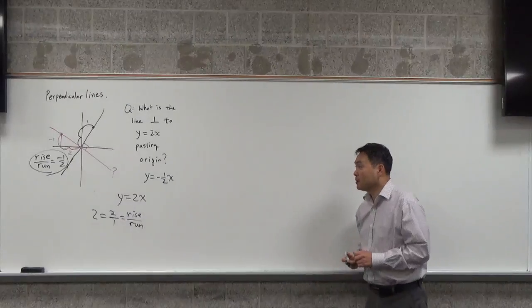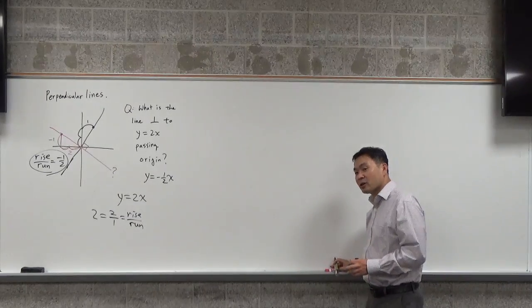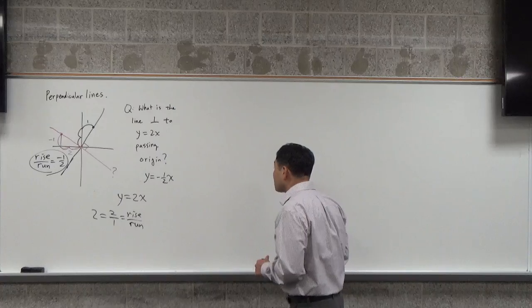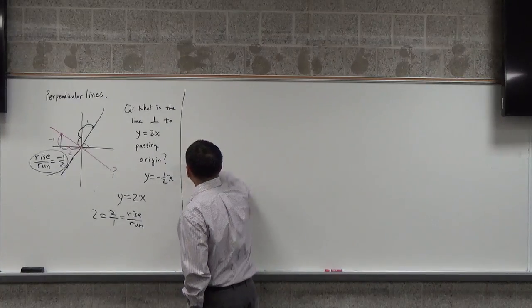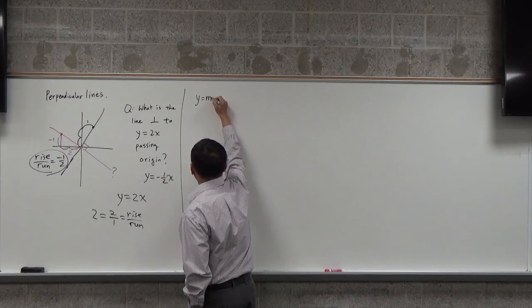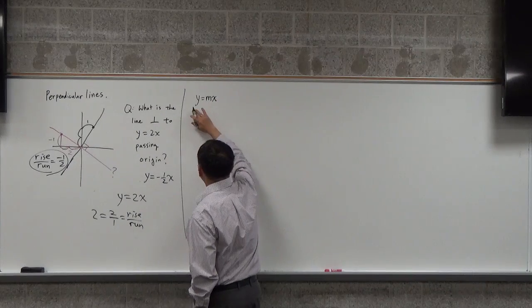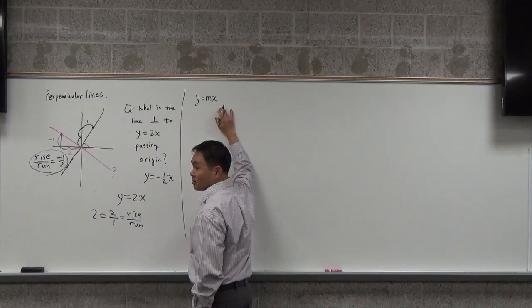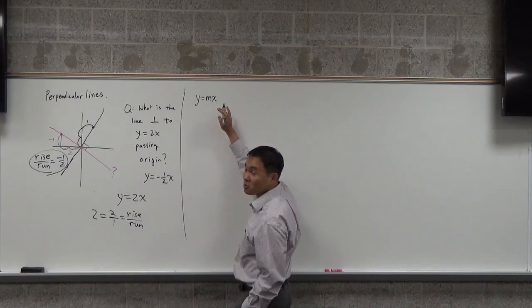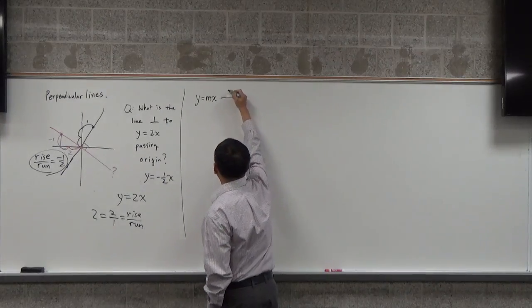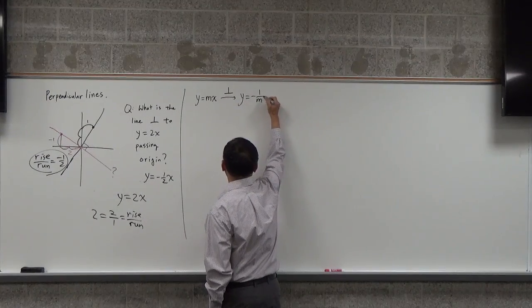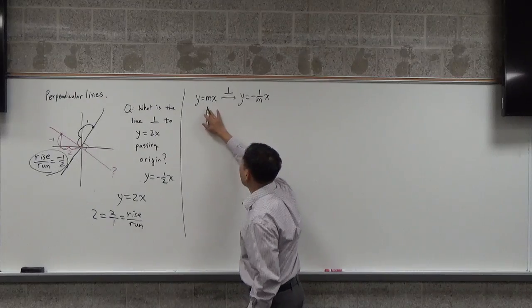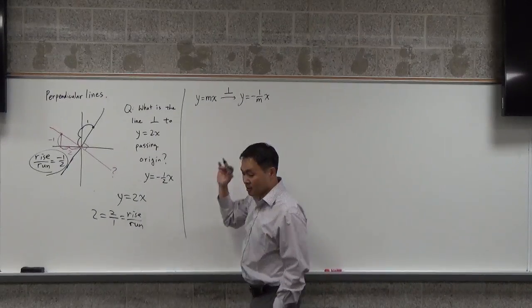Okay? Now, from this simple example, we can see what's going to happen in general. If you have y equals mx as a line with slope m, then the one that has the perpendicular slope will be y equals -1 over m x.